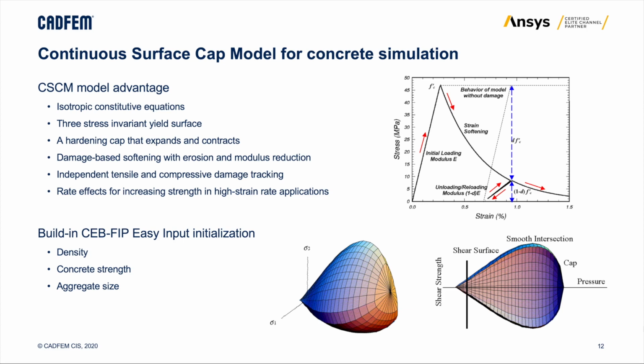One of the most important features of this model for us is the ability to generate input based on 3 values: density, concrete strength, and aggregate size. At the design stage of an NPP, you do not have much experimental data about concrete. You can only know for sure the concrete strength. This is our input, and that is what the CSCM model demands to start a simulation.